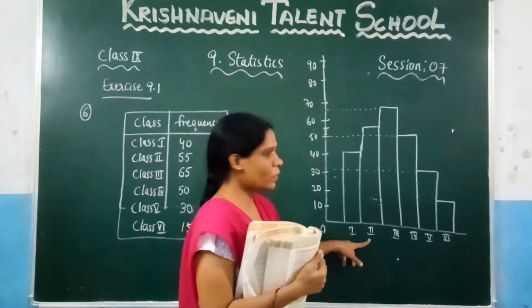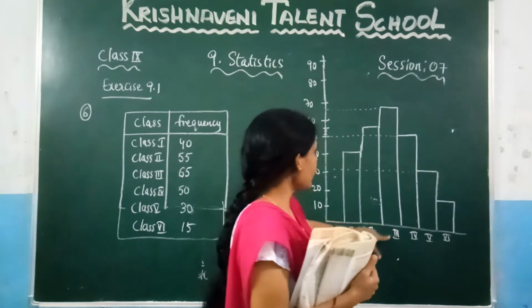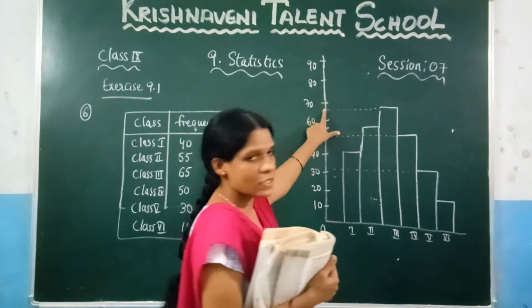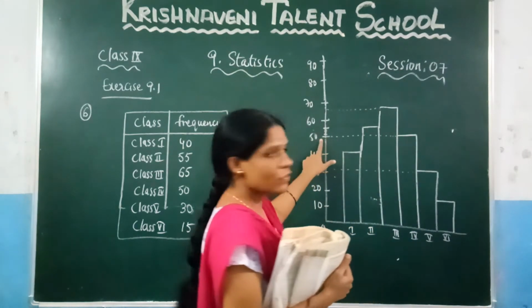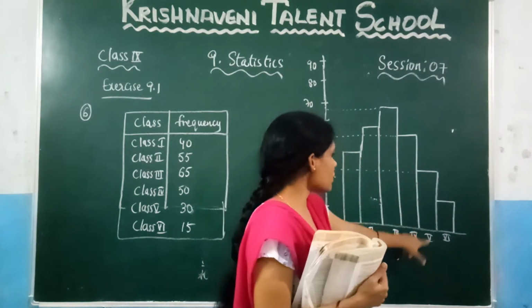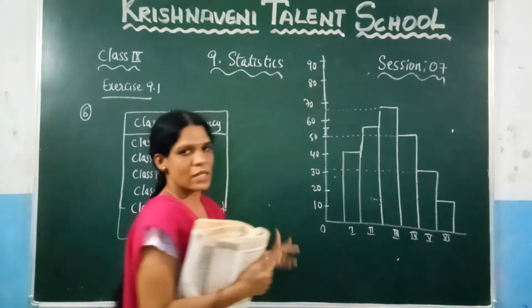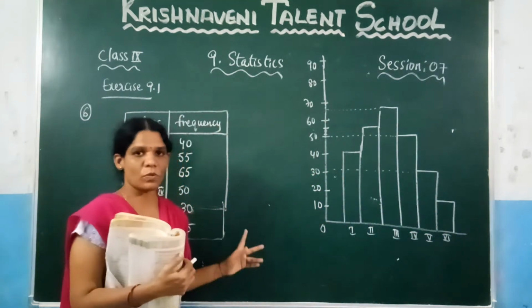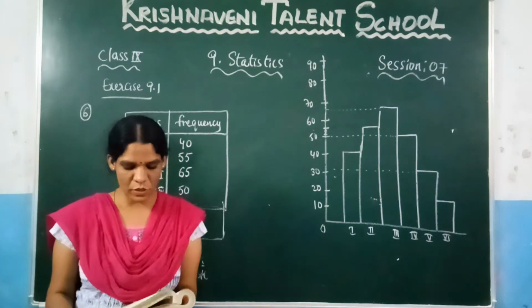In class 2, 55 students. In class 3, 65 students. In class 4, 50. And in class 5 it is 30. And in class 6 it is 50. So like this you need to represent it in the form of the frequency distribution table. Let us see the next question.